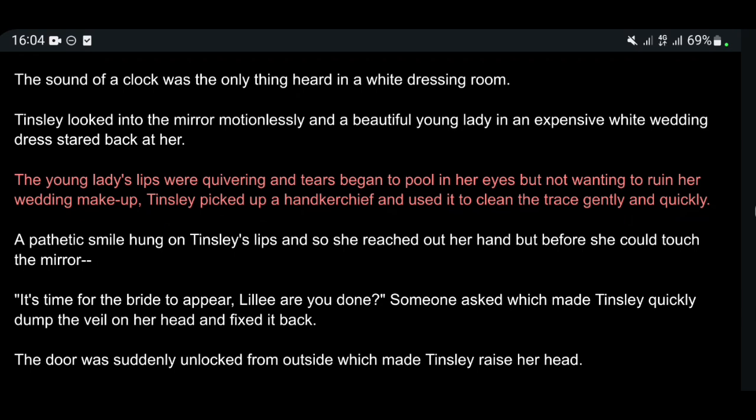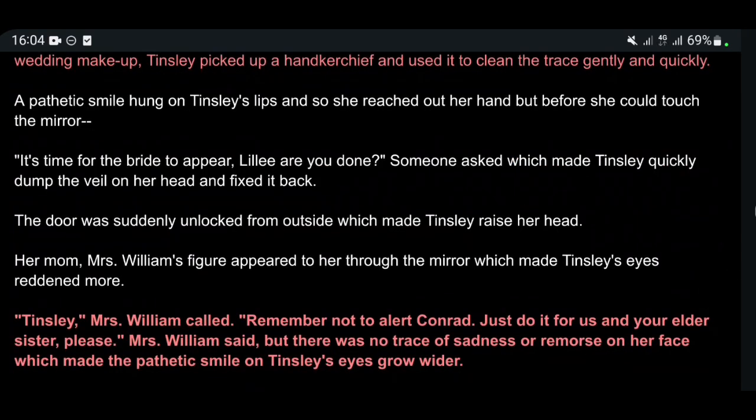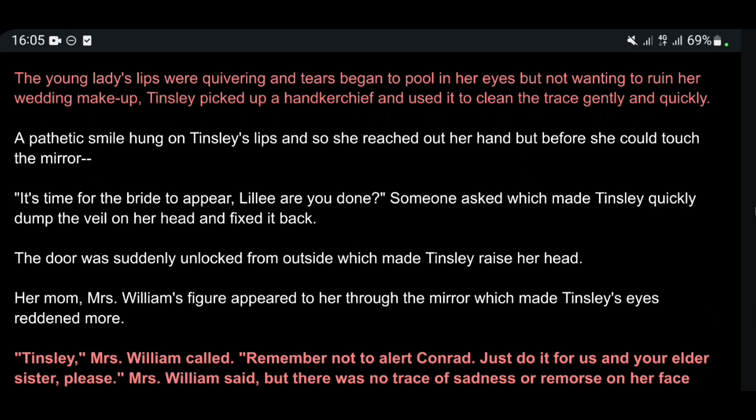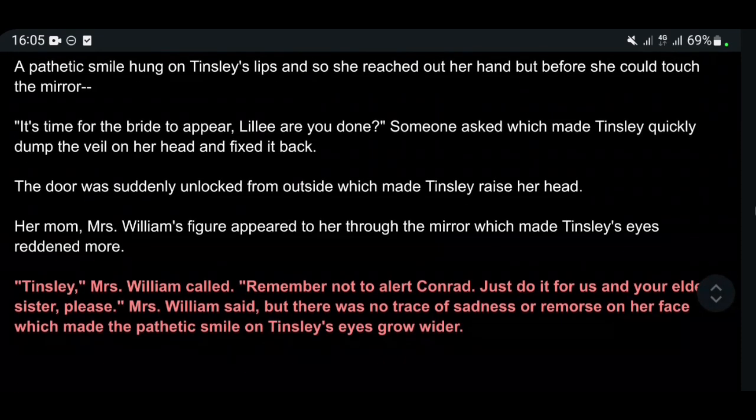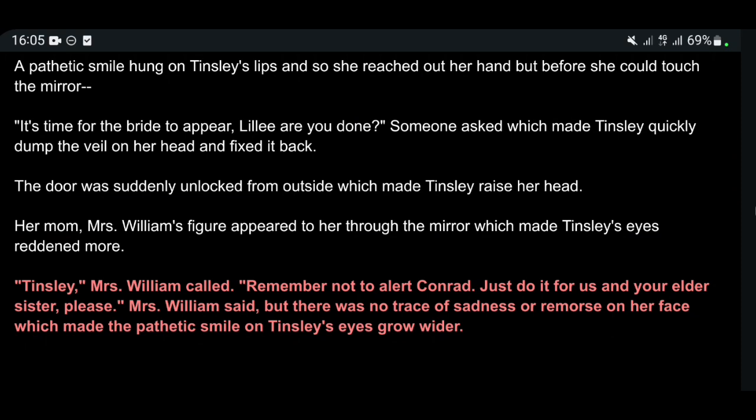Lily, are you done? Someone asked, which made Tinsley quickly drop the veil on her head and fix it back. The door was suddenly unlocked from outside, which made Tinsley raise her head. Her mom, Mrs. Williams, appeared to her through the mirror. Tinsley, Mrs. Williams called. Remember not to alert Conrad. Just do it for us and your elder sister, Mrs. Williams said, but there was no trace of sadness or remorse on her face.